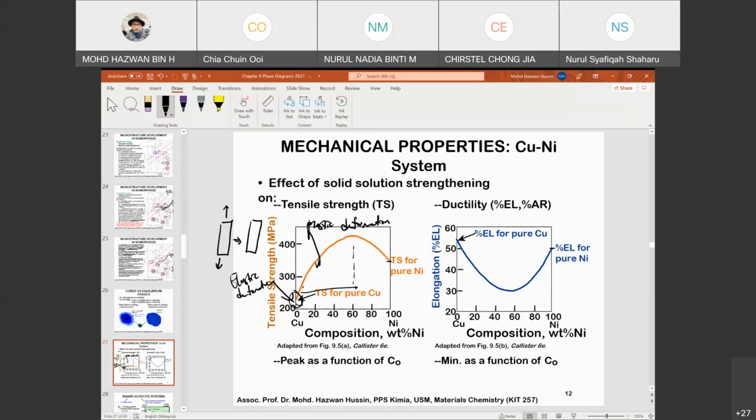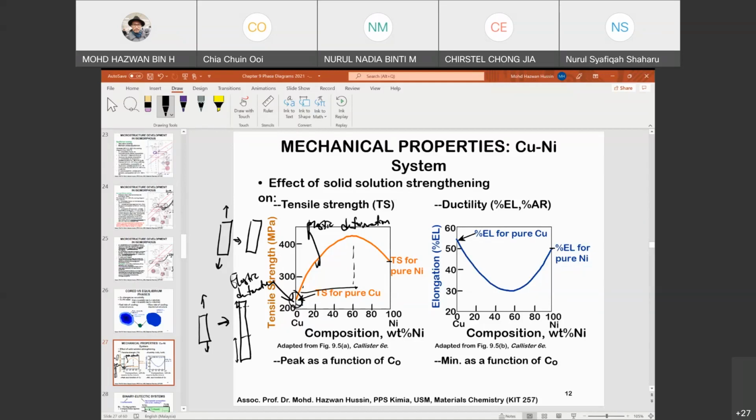Plastic deformation means that if you have a metal bar that you pull at both ends, it will elongate and it will not return to its original shape.